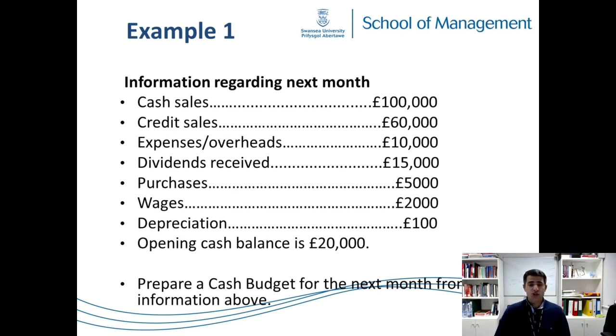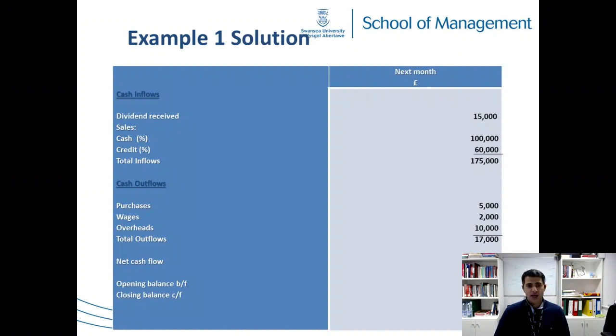When it comes to depreciation, you don't include it because, as I mentioned, depreciation is a non-cash expense. So if you add them together, that makes a total of £17,000 total outflow. So net cash flow equals total inflow 175,000 minus total outflow 17,000. That makes 158,000 net cash flow.